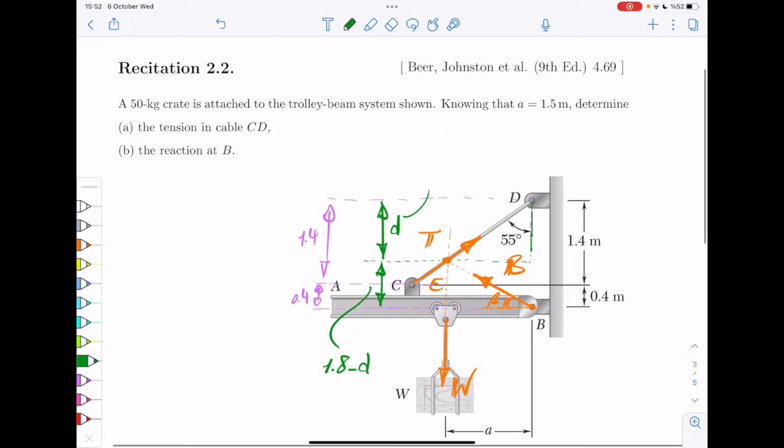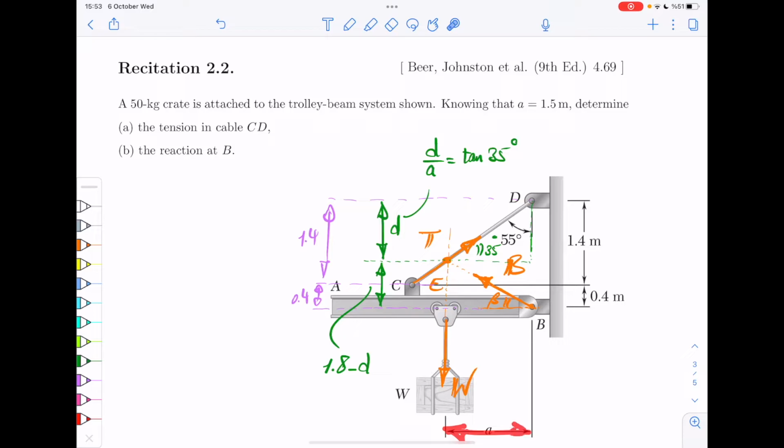Or let's think about it this way. If you think about this angle, this is angle 35. Maybe it's easier for you. So if you look at this angle 35, that distance d divided by a is tangent of 35, right? A is this, which is the same as this one, right? So d divided by a is tangent of 35, and a is 1.5 meters.